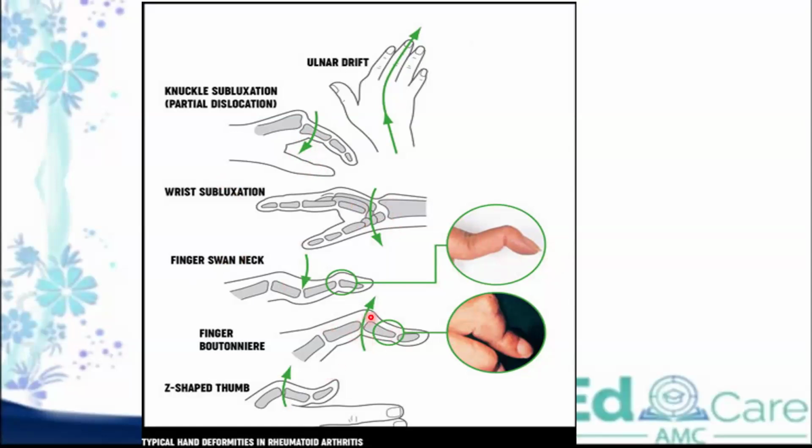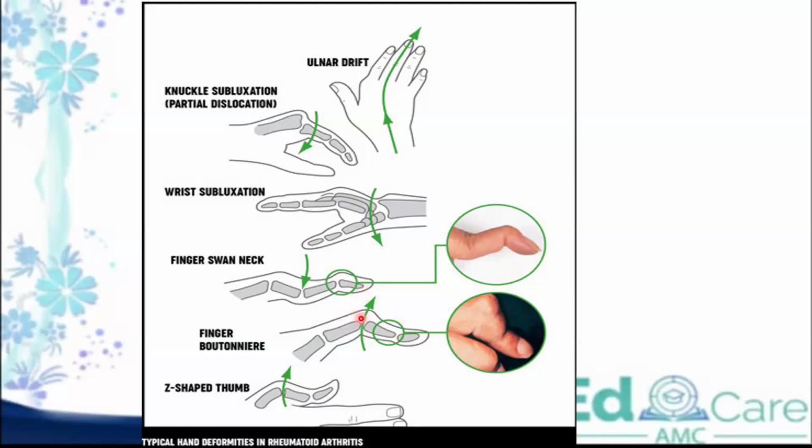Boutonniere deformity occurs when there is damage to the tendon that lies above this joint. So there's a tendon that's connecting these two interphalangeal joints. When it gets inflamed and damaged, the bony structure tends to pop out through that damaged or loosened tendon like a buttonhole, right?